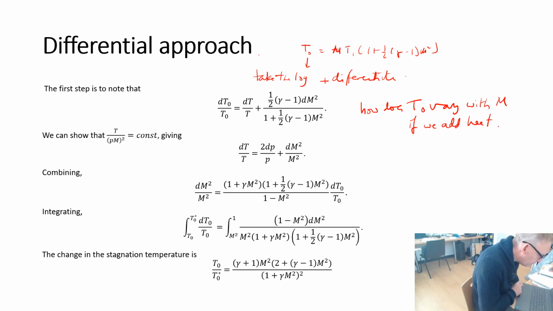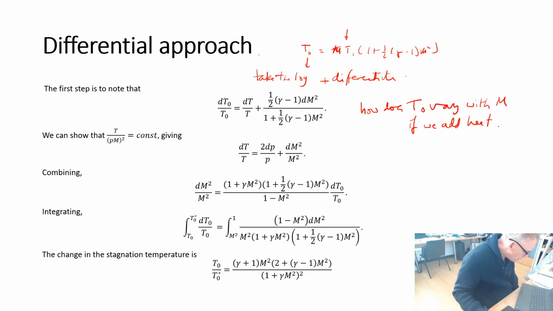Using this, we draw upon the conservation of momentum and conservation of mass to find our differential relationship between T naught and M squared. So we need to put information about how the momentum constraint affects the differential change in T1 in order to determine the differential relationship between the stagnation temperature and the Mach number.